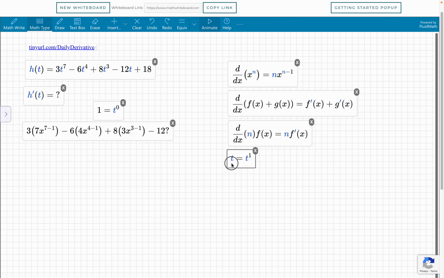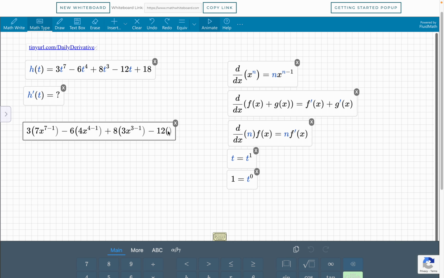Let's add that over to our notes over here. Let's keep going. Well, in this case, the power is 1, so 1 to the 1 minus 1. That's 18. The power is 0, so 0 t to the 0 minus 1.